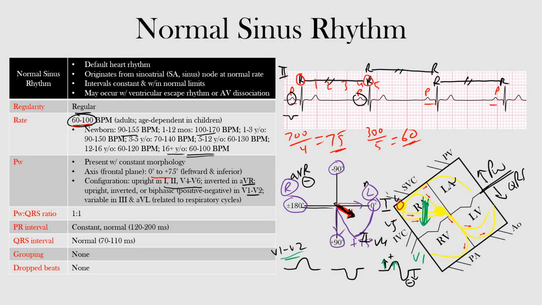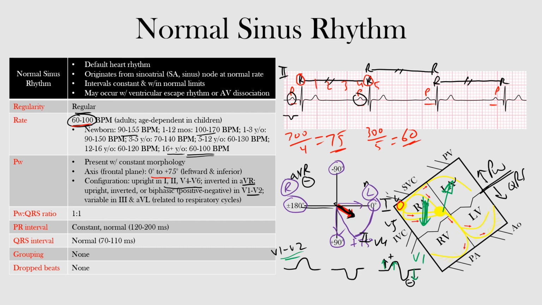Think of the left atrium sitting posteriorly, okay? If you get a 3D model of the heart, you'll be able to see that. So then it's going to head away from V1, and that's why we see this negative deflection, okay? So positive as it's going towards it, and then the latter portion as it depolarizes the left atrium.